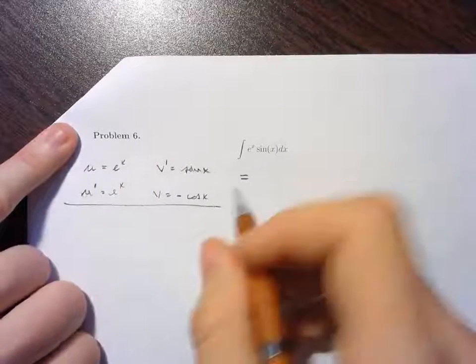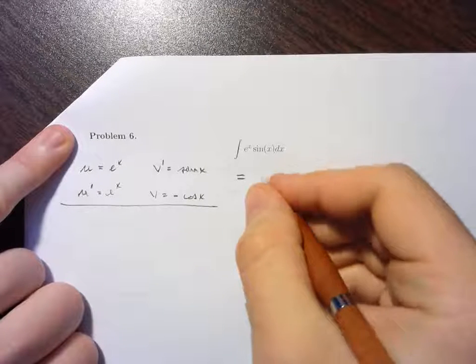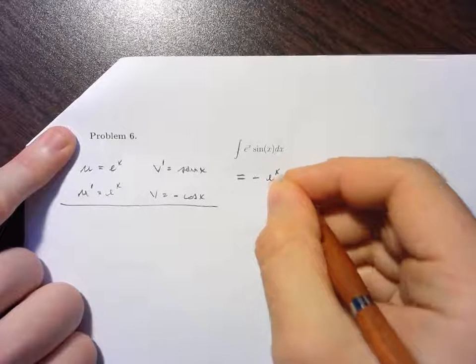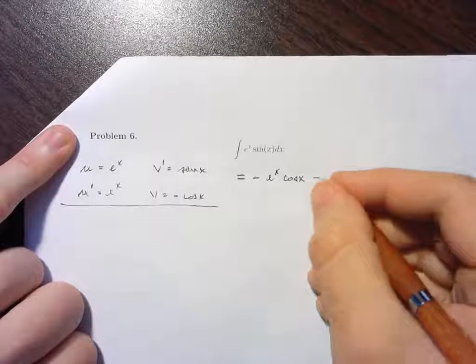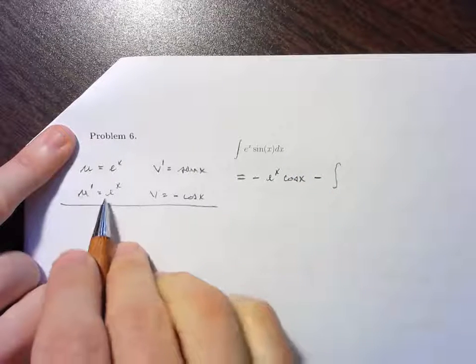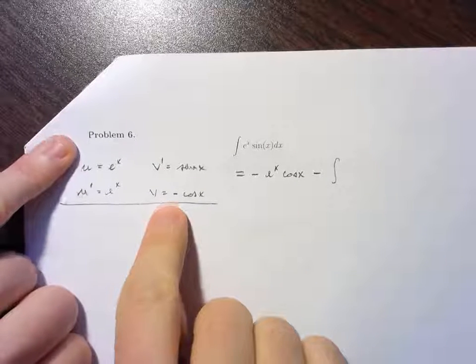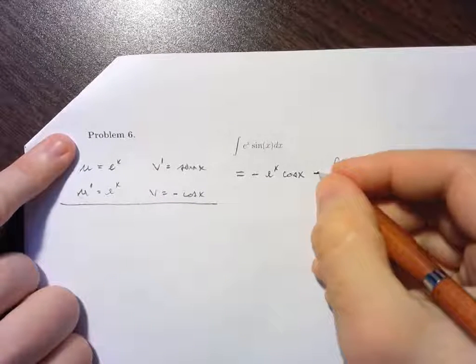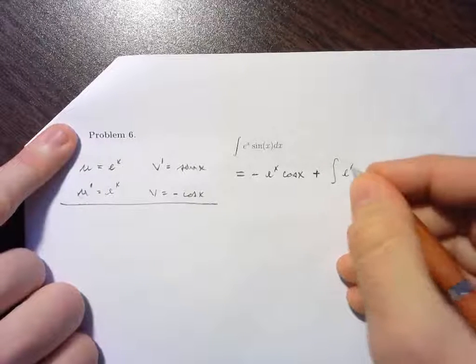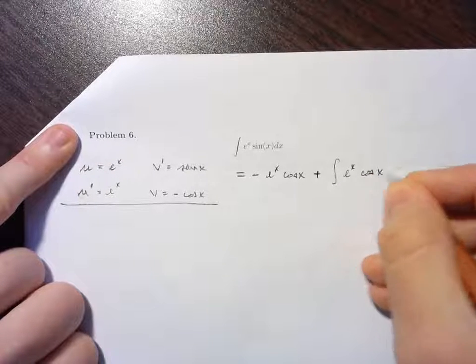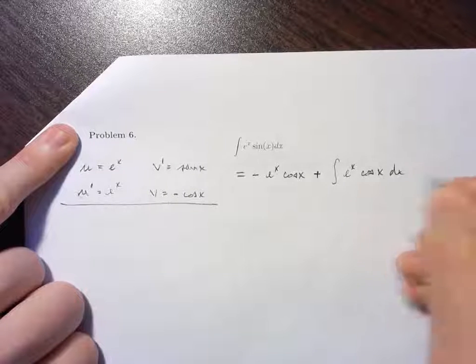We're going to have u times v, so we're going to have negative e to the x cosine of x, and then we're going to subtract the integral of u prime v. And since v already has a minus sign, I'm going to make this a positive, and then I'm integrating e to the x cosine of x with respect to x.